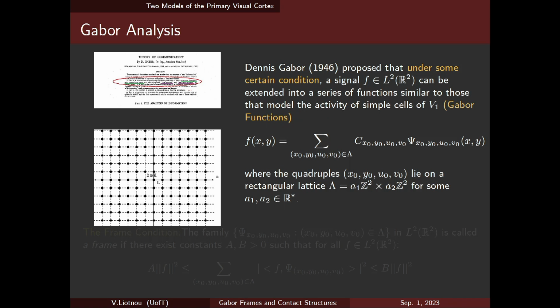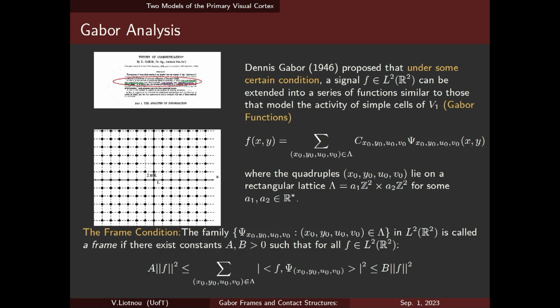The Gabor theory now has evolved, and they have been using way more complicated sampling sets, but for simplicity here I will just mention this rectangular kind of lattice.